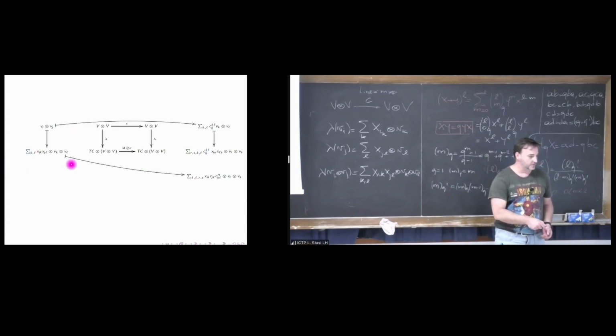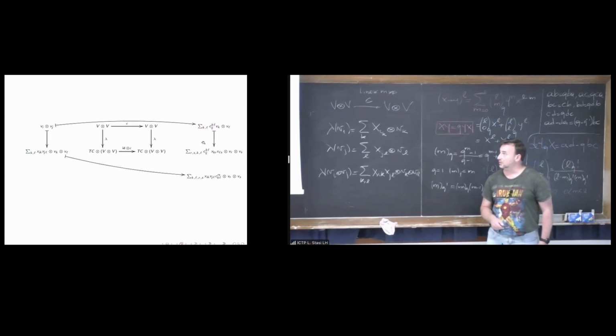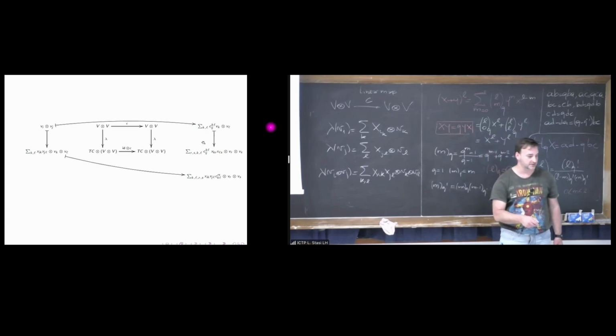So instead of going down and then applying the map identity tensor C, we go up, apply C, the transformation. The transformation has this formula. These are the coefficients that we don't know, okay? They are general coefficients. And then we apply the formula for the comodule, and we get something.